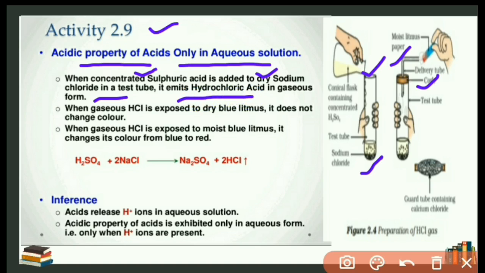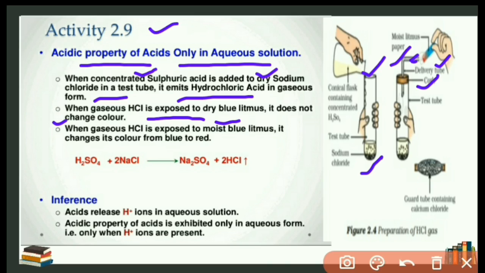When the HCl gas is exposed to dry blue litmus paper, at the mouth of the delivery tube, it does not change the color of the litmus paper.